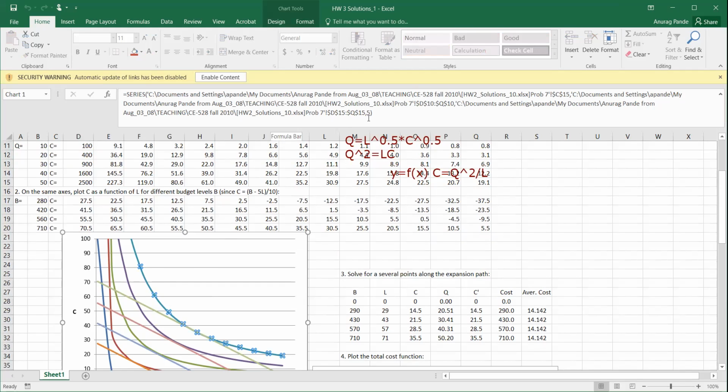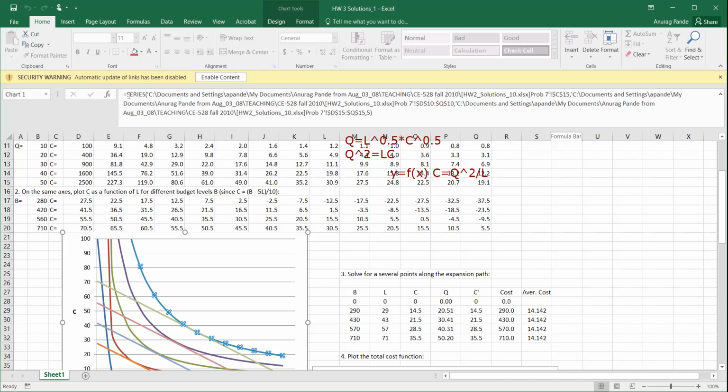Okay, so D15 to Q15, I'm plotting D15 to Q15. Basically, that's on the x-axis. And then I'm plotting that against the L value. Okay, I'm plotting that against C50.